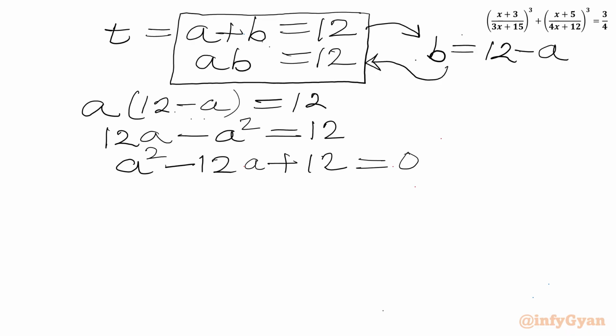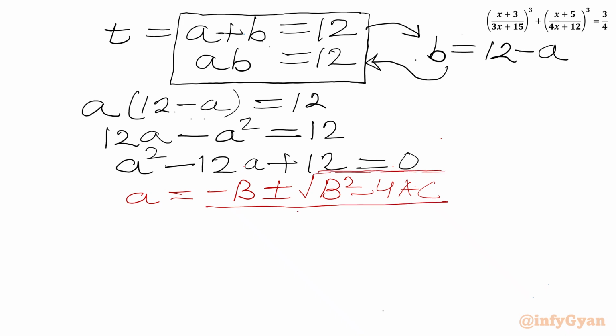This is one quadratic equation. I can use the quadratic formula. So we can write the formula: a equal to minus b plus minus square root of b squared minus 4ac, divided by 2a. So as per our equation, capital A is the coefficient of small a squared, which is 1.